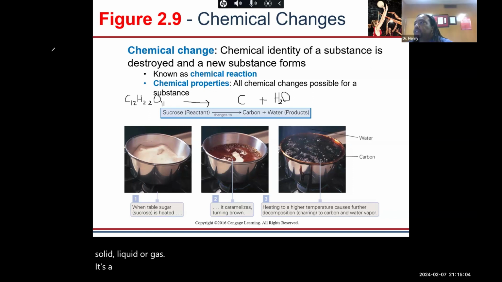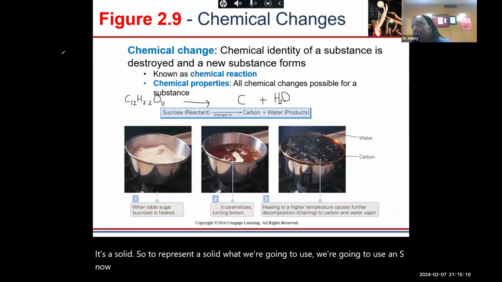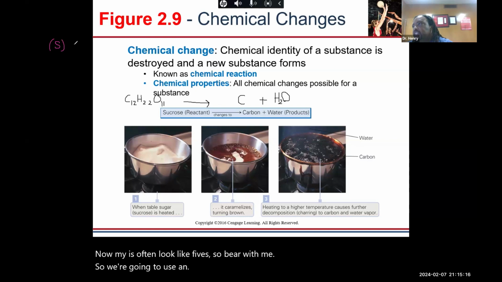So to represent a solid, we're going to use an S. Now my S's often look like fives, so bear with me. So we're going to use an S, and that's going to equal a solid. If it's a liquid, we're going to use L.